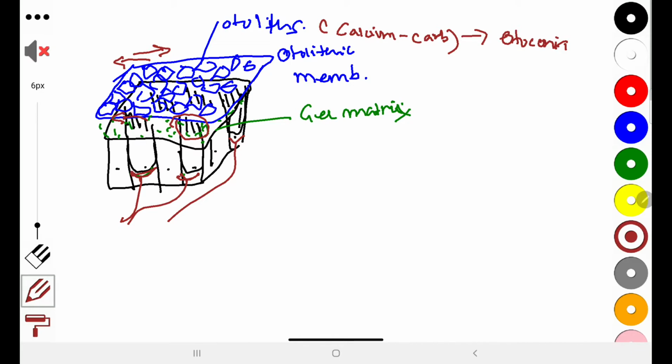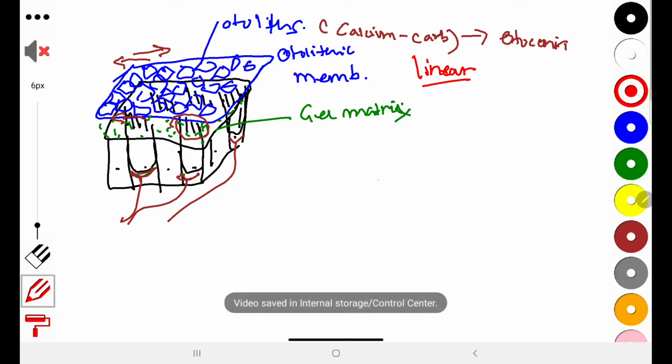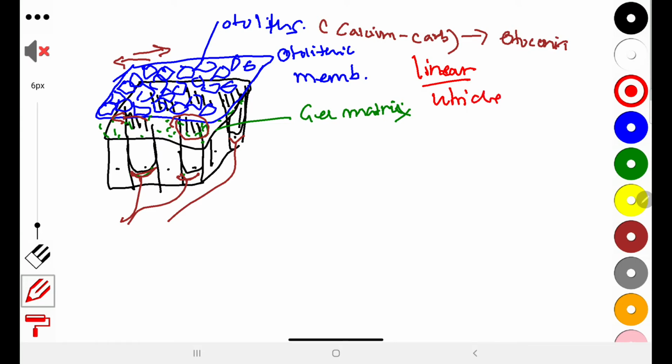So when we talk about linear acceleration, we see that otoliths will move to the back and cause action potentials that then are taken to the central nervous system. So in the utricle, we said the utricle is all about horizontal.